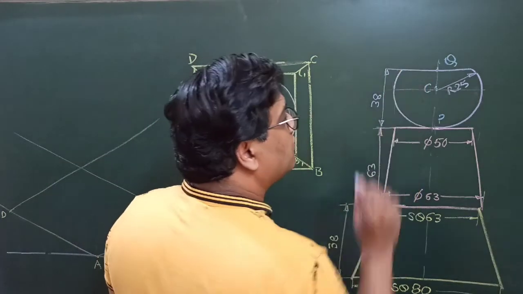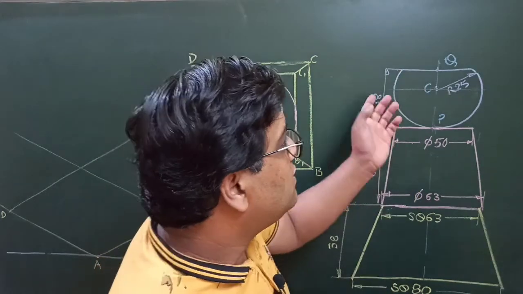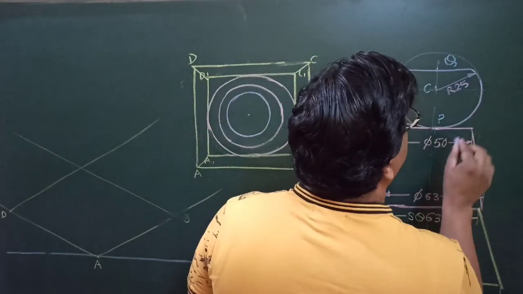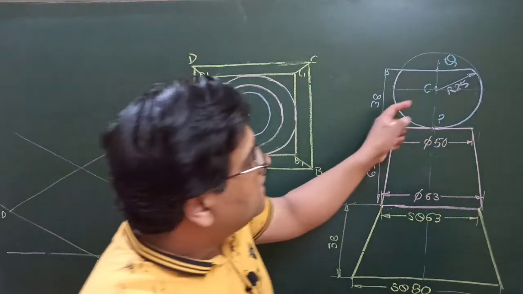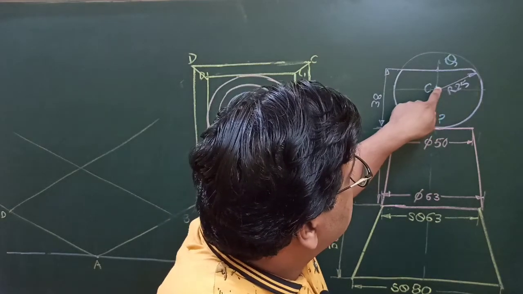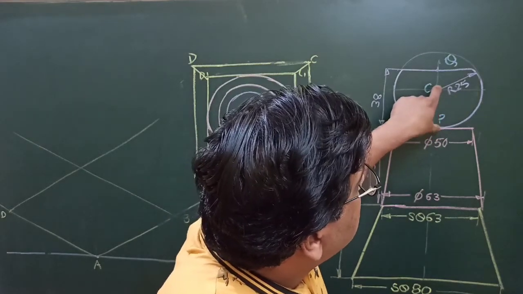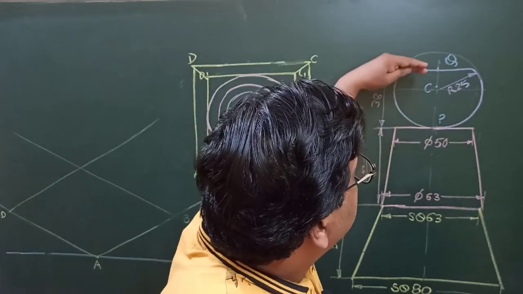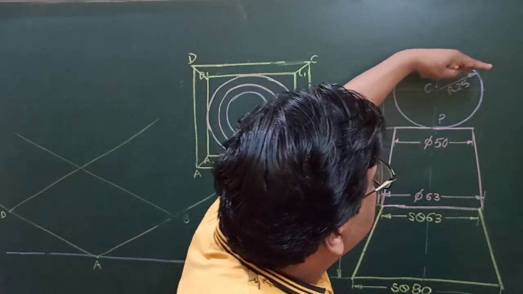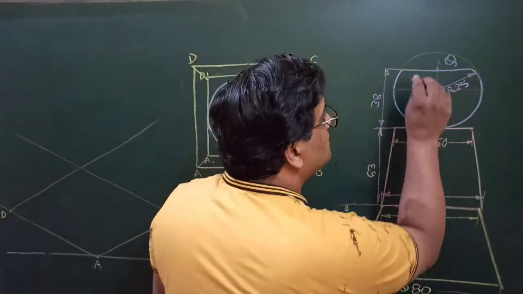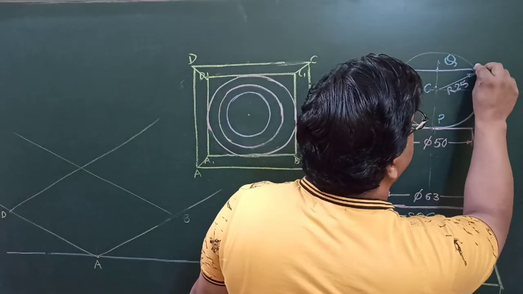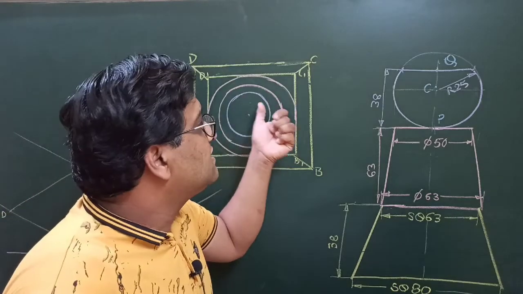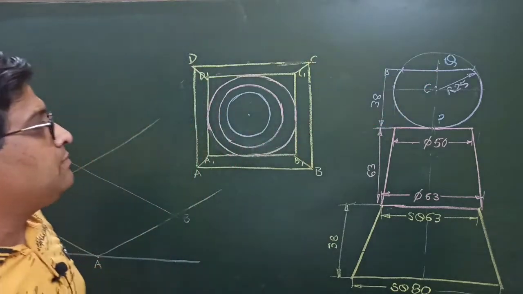By cutting the top face at a height of 38 mm. Initially we draw the complete circle like this, and after taking the center at a height of 25 mm from here, draw a complete circle here. Then take a height of 38 mm and a horizontal line is drawn here. So we have got the diameter with which we have drawn this smallest circle, that is the top face of the spherical part.